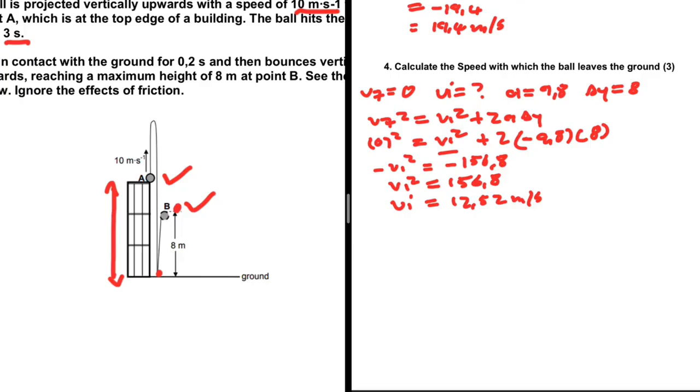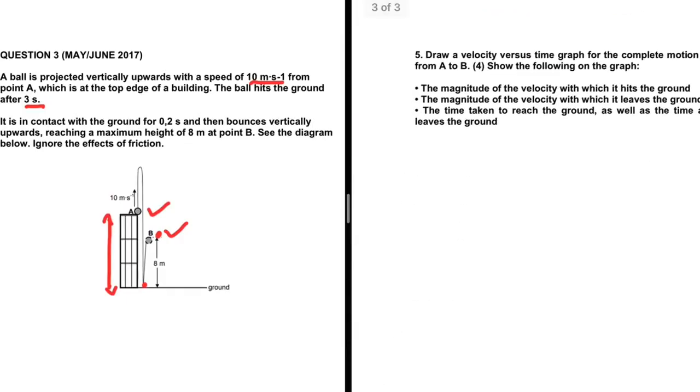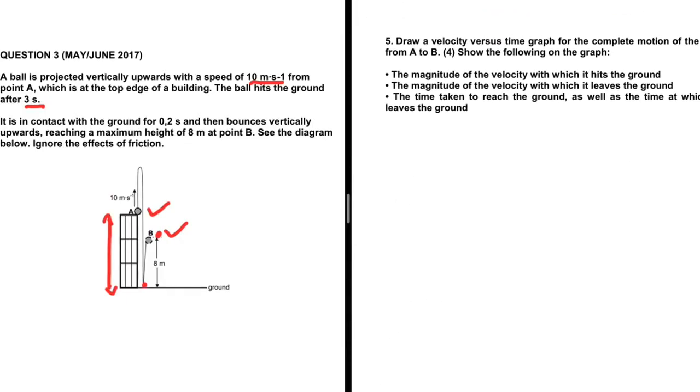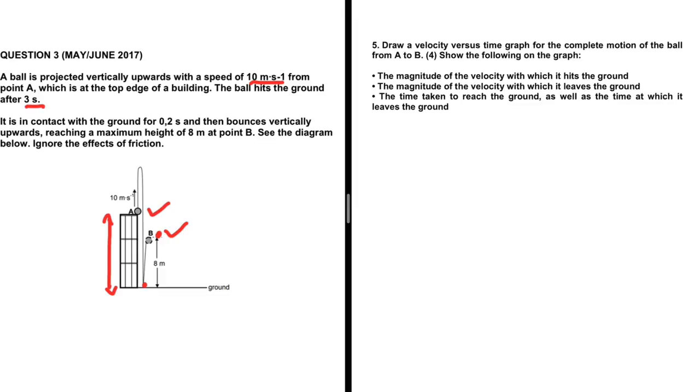Let's move to the last question. Question 5. The question we're interested in, the velocity time graph. Let's go ahead and take a look. The question is saying, draw a velocity time graph for the complete motion of the ball from A to B. Show the following on the graph: the magnitude of the velocity with which it hits the ground, the magnitude of the velocity with which it leaves the ground, and the time taken to reach the ground, as well as the time at which it leaves the ground.